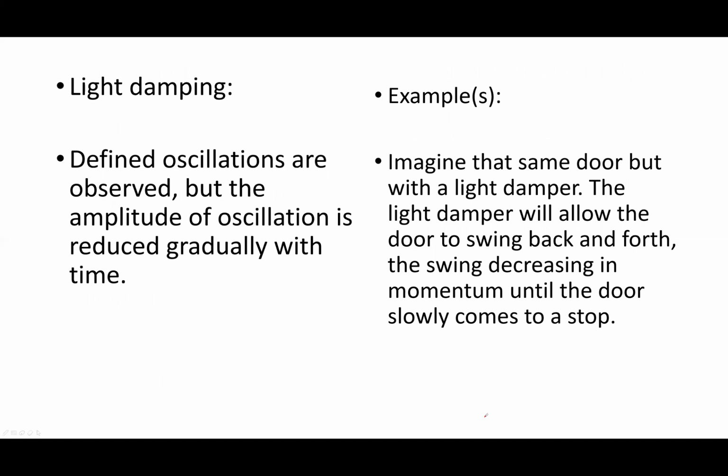Imagine the same door with a light damper. The light damper will allow the door to swing back and forth, the swing decreasing in momentum until the door slowly comes to a stop. A simple pendulum is an example of light damping.